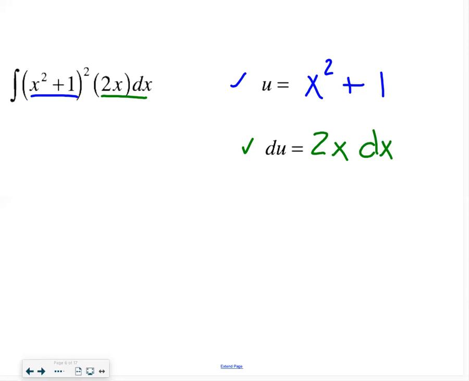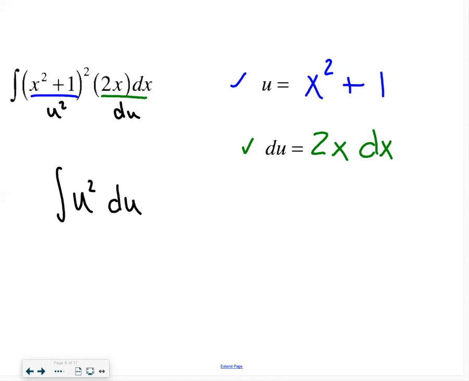In these first couple problems, when you take the derivative, it's going to match what we have here. So these are the quicker problems. Then when you rewrite this, this becomes integral of u squared du, because this was your u squared, and then this was your du that you accounted for.